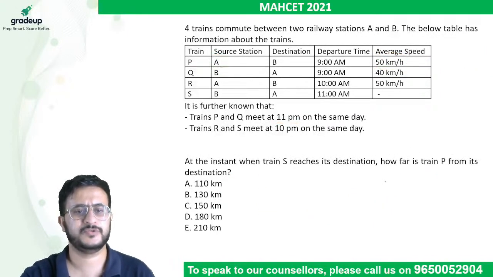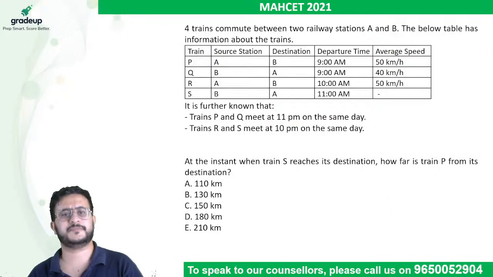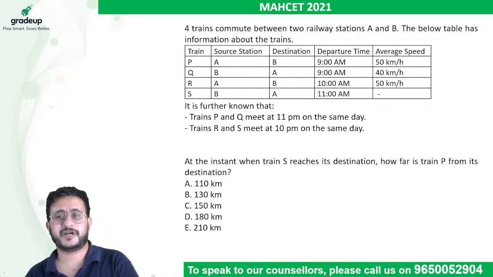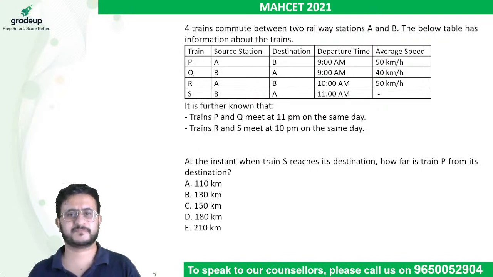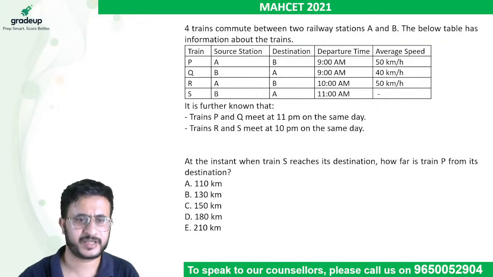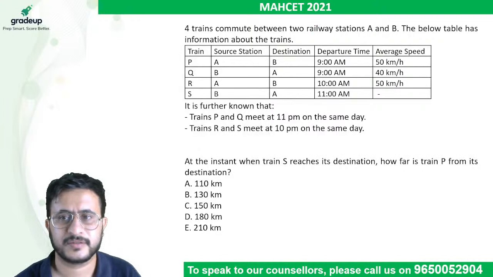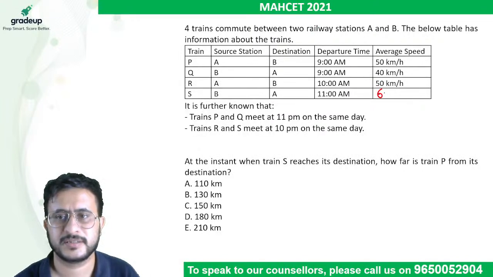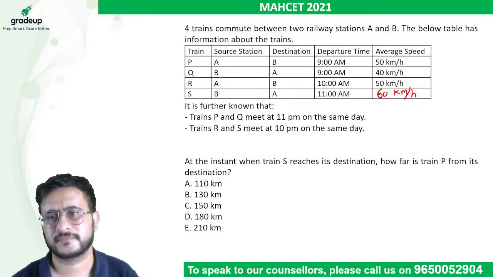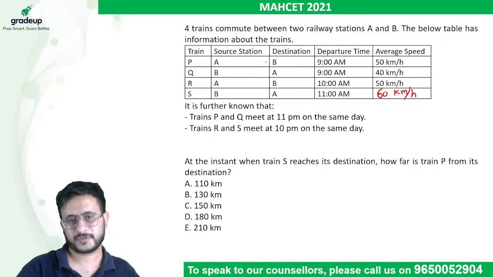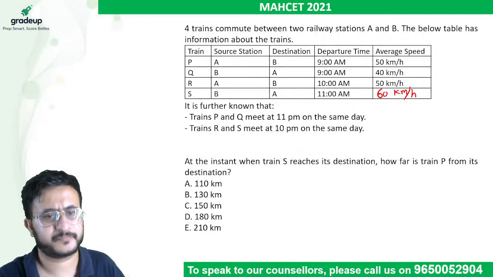All right, let's solve this question. At the instant when train S reaches its destination, how far is train P from its destination? For this, you will of course need the data of S, right? So S, that is 60. That we calculated in the beginning.